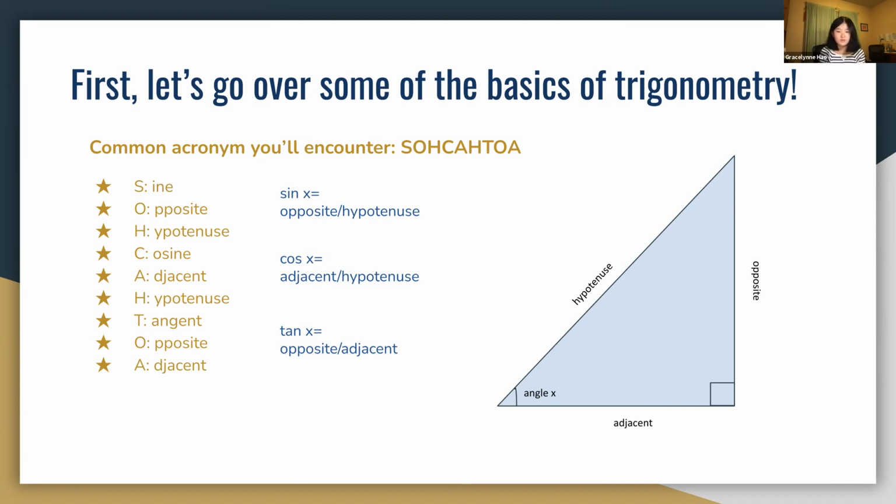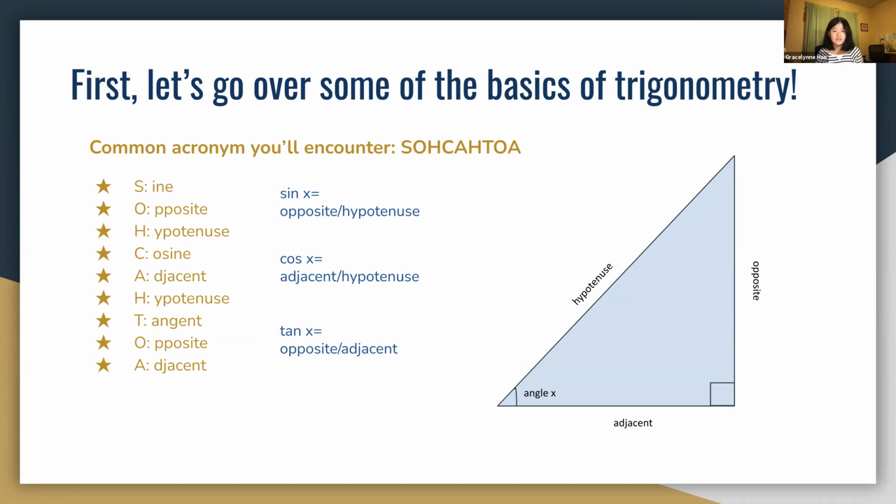So SOHCAHTOA represents 3 of the most important basic trigonometric functions: sine, cosine, and tangent. It's basically an acronym to help remember what each of the functions are and how you can find them. First, we come across the first 3 letters, SOH.